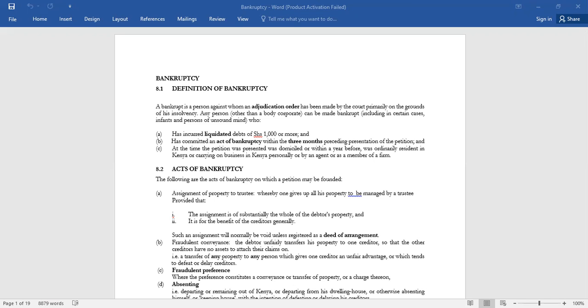But we know that the law has two persons. We have a natural person and the artificial person. So the bankruptcy that we'll be dealing with in this particular topic will be the issues of properties held by either a sole trader or a partner in a partnership.